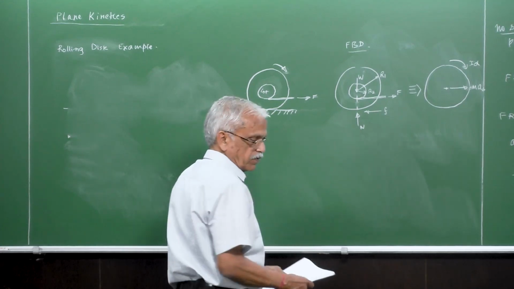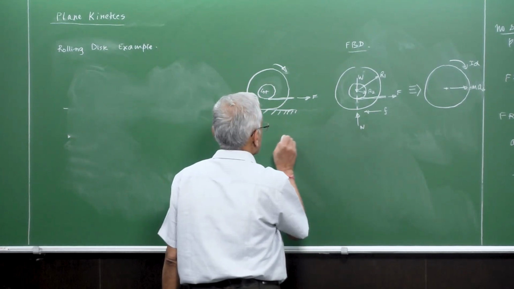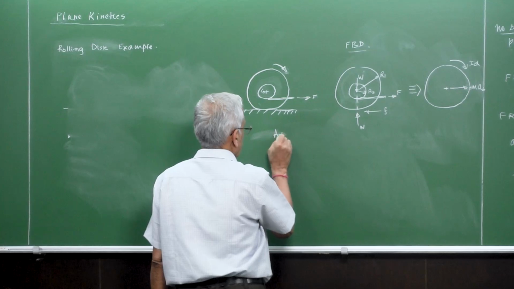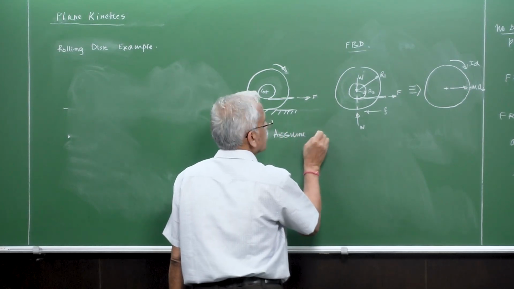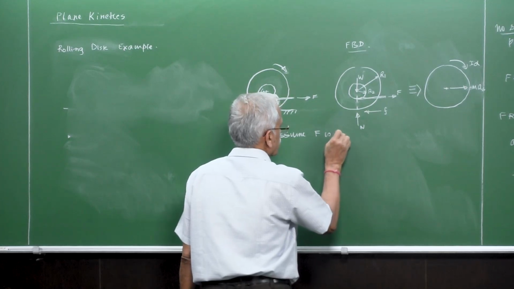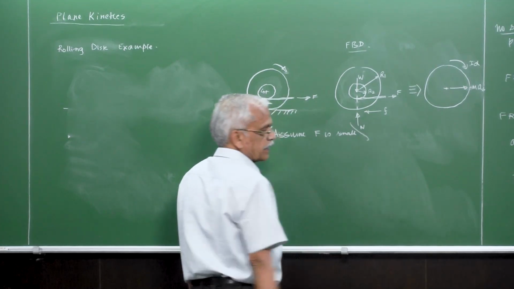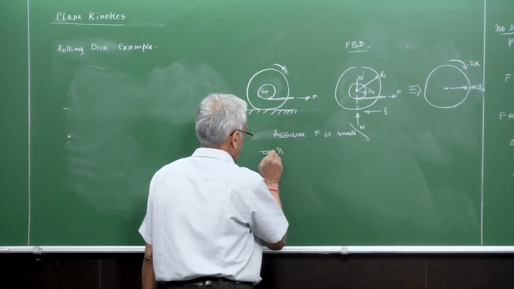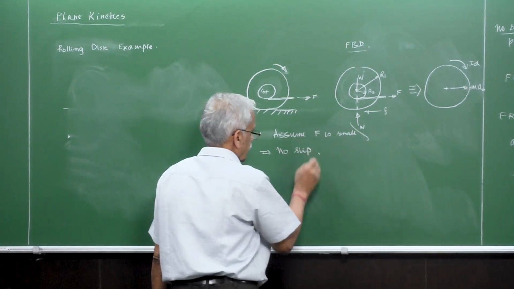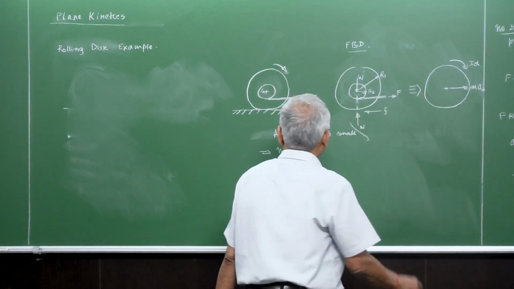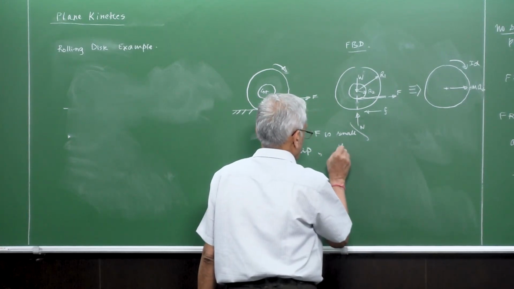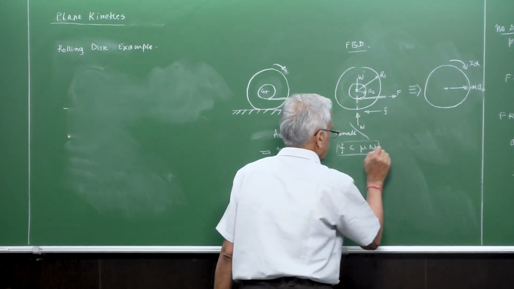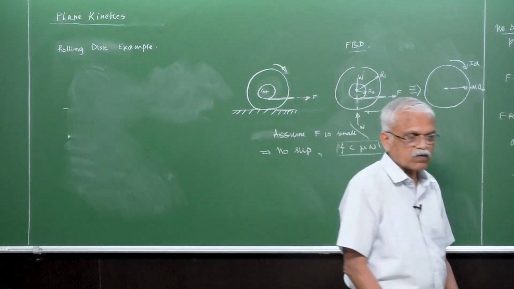So again, we can put down, we assume that F is small, just like in the earlier case, in which case there is no slip at the contact point. Okay, and then F is less than mu N. So this needs to be verified or put a condition on what this means.